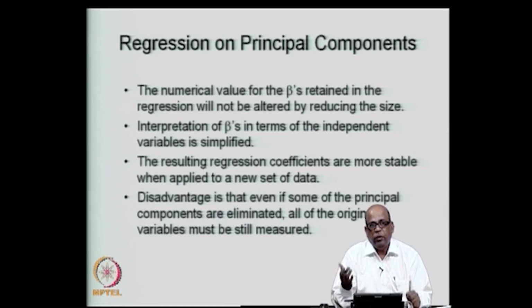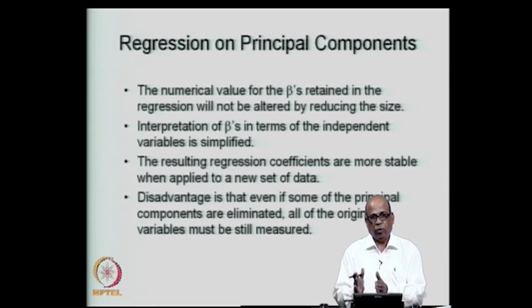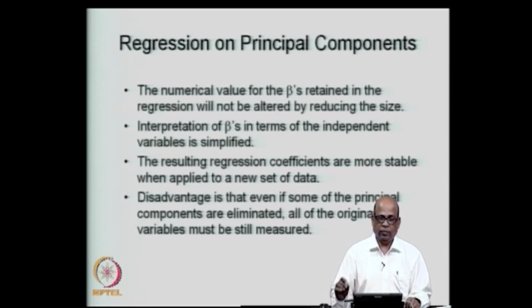And then the interpretation of the betas in terms of the independent variables is simplified now, because we are saying that these betas or these principal components that we are using in the regression relationship are explaining so much of the variance. But when we do this principal component analysis, even if we use let us say only 3 principal components in the regression relationship, still the complete observed data on all the 10 variables are necessary.